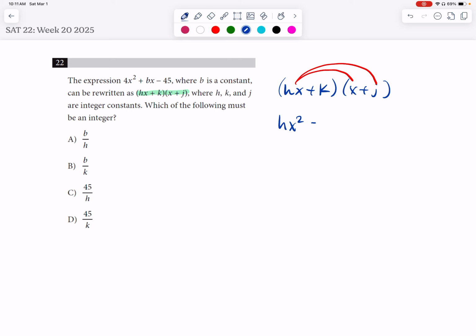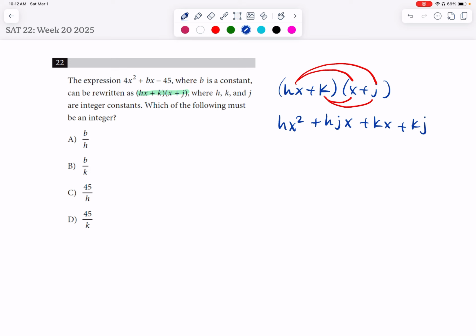So plus hjx, okay. Our inside is kx. And then finally, our last terms here, plus kj.